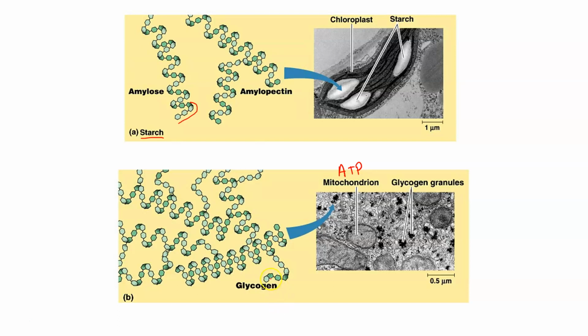When you look at these unique little structures, and I am the world's worst artist, that right there would be the glucose molecule. And they're just chaining all together to make glycogen.